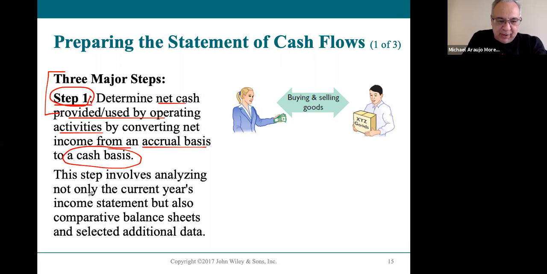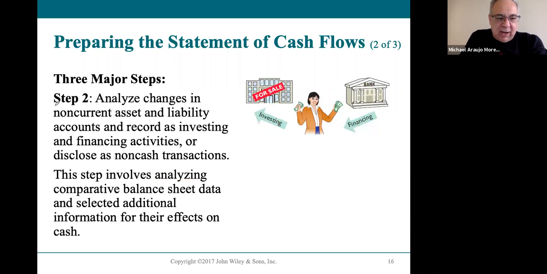Step one involves analyzing not only the income statement for the year, but also all the other data from the balance sheets. So that's going to take most of our time. The second step is to look at changes in any asset and liability accounts to see if there were any investing and financing activities, or if there were any non-cash transactions.